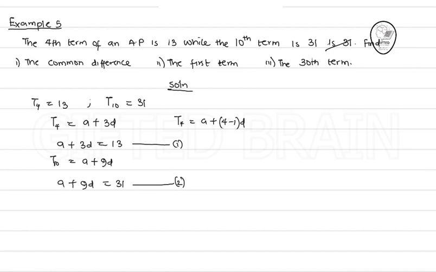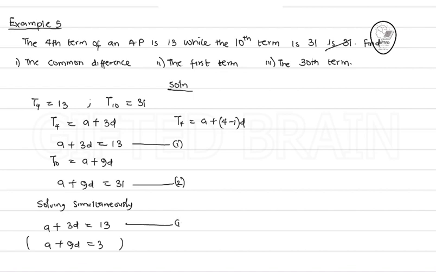So we can solve equations 1 and 2 simultaneously. What we would have is A plus 3D being equal to 13 and A plus 9D being equal to 31. We can choose to subtract these two equations, equation 1 from equation 2.